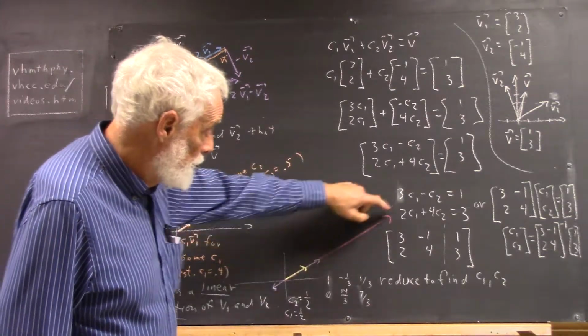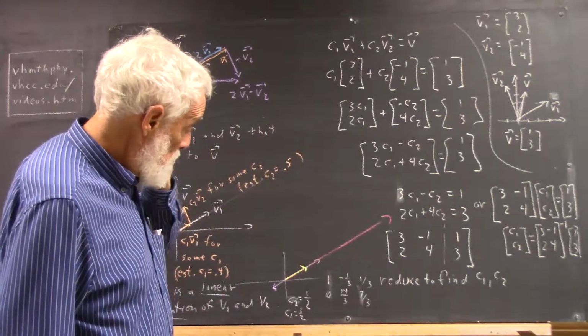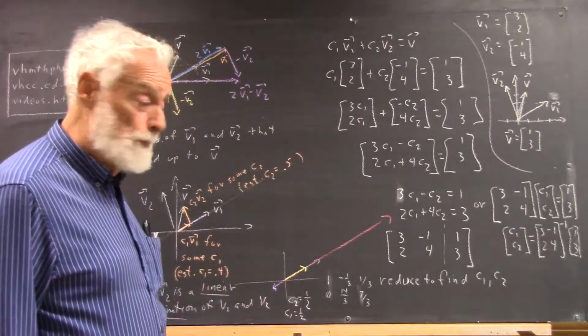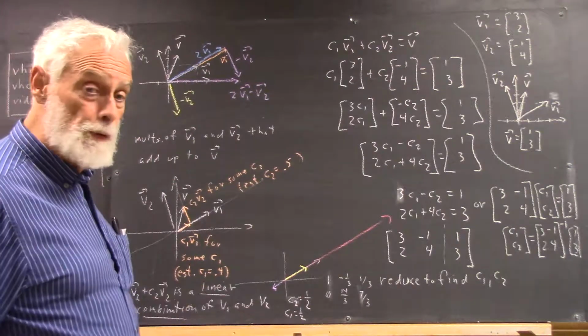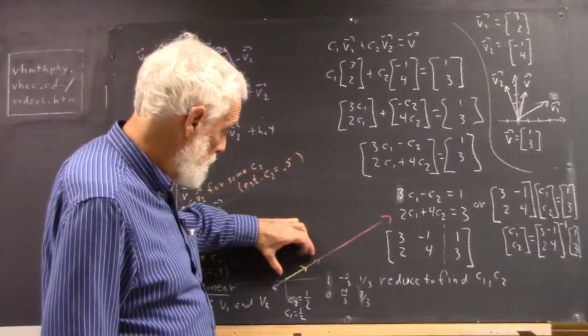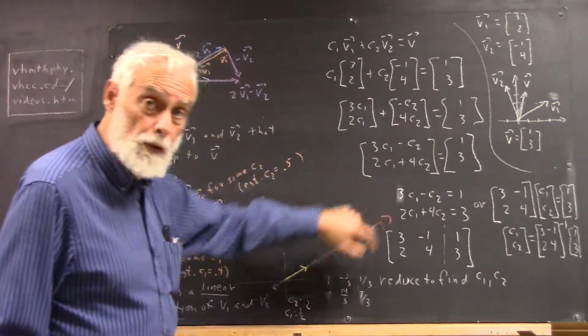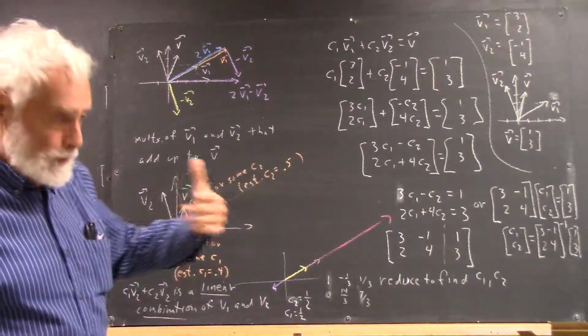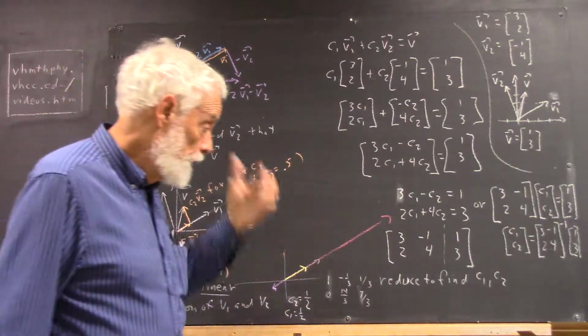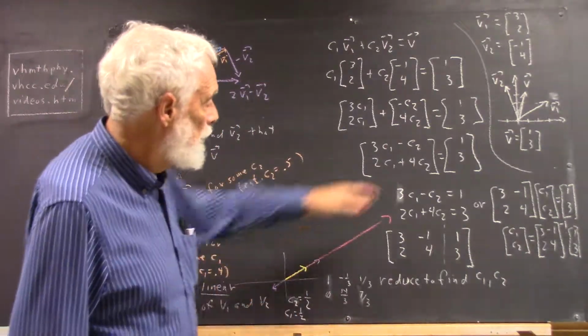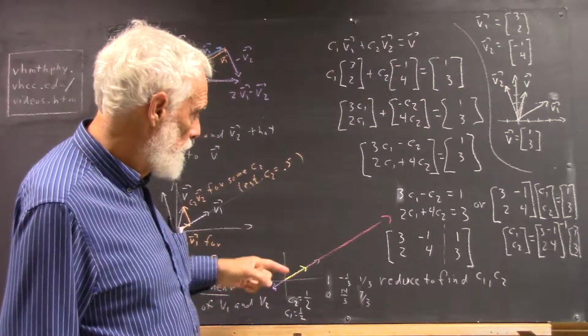Well, this red vector is a multiple of v1, this yellow vector is a multiple of v1, and this purple vector is a multiple of v1. What are these multiples? Well, don't know exactly, but here's v1, here's 2v1. Now, this red vector could be 3v1. Maybe it's 3.2 v1, maybe it's 2.9 v1. If we measured carefully, we could find out.